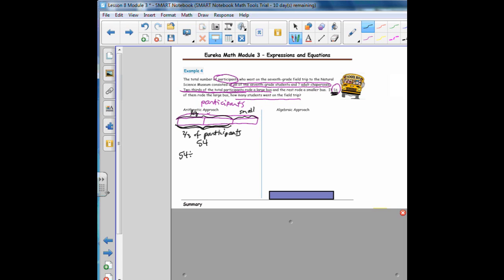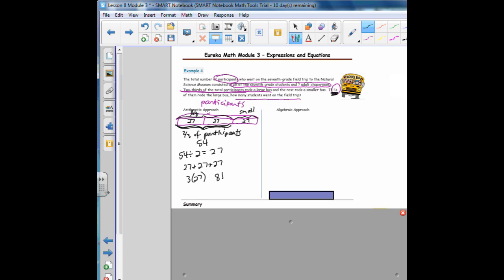So 54 divided by 2 equals 27. And that means that there were 27 in this section, 27 in this section, and 27 in this section, because they are all the same size. So 27 plus 27 plus 27, or you can use multiplication instead of repeated addition, equals 81.